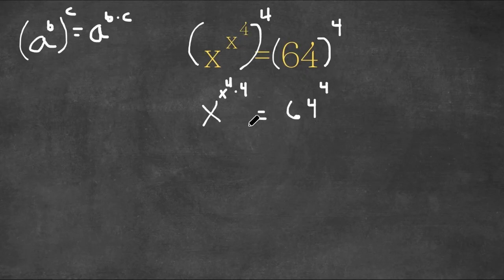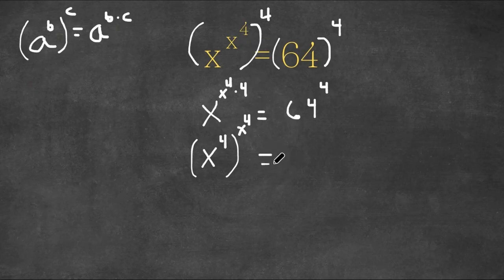Now, what I'm going to do is switch this so that it's in the form x to the power of 4 to the power of x to the power of 4. As you can see, all I did was switch the order. Before it was x to the power of x to the power of 4 to the power of 4, and I simply switched the order of 4 and x to the power of 4, and that is completely legal.